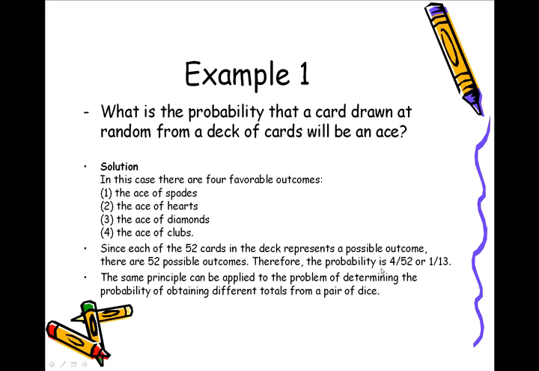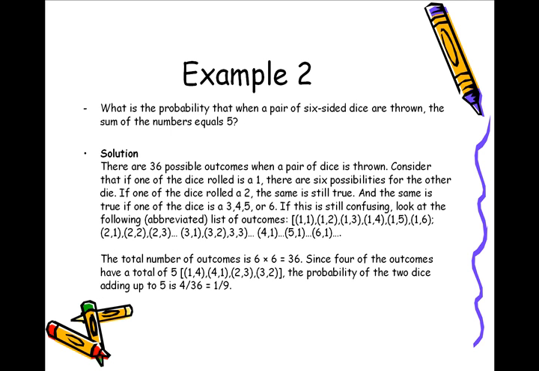So very basic example. Let's look at another one here. What is the probability when a pair of 6-sided dice are thrown and the sum of numbers equals 5? We know when you throw a single die you have 6 outcomes, 1 through 6.